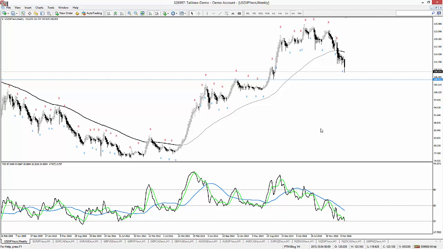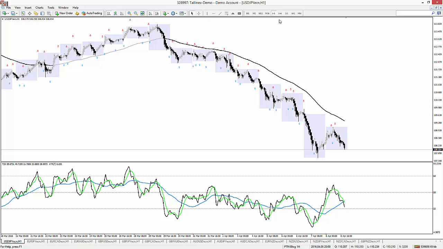The dollar against the euro. Kind of crazy the way this is playing out. Now, don't get me wrong, guys, our technical analysis still has validity. And clearly this is a downtrend.